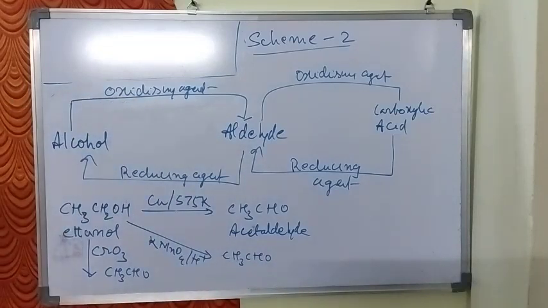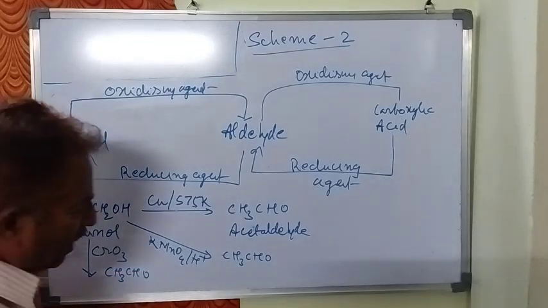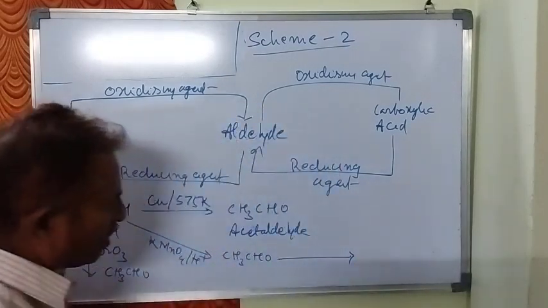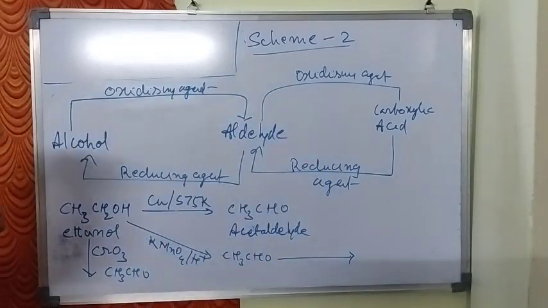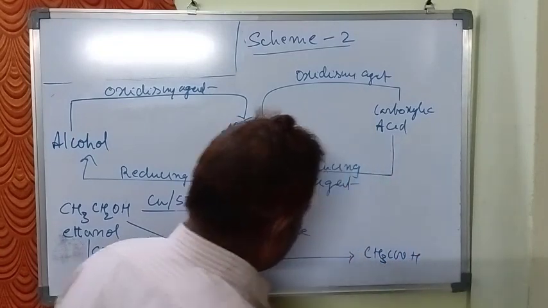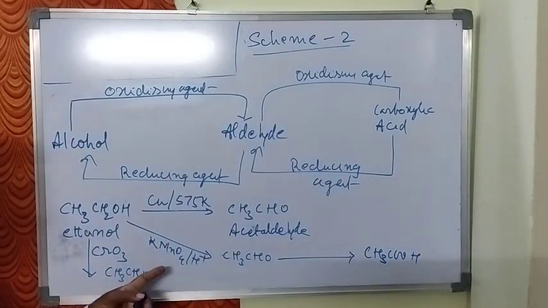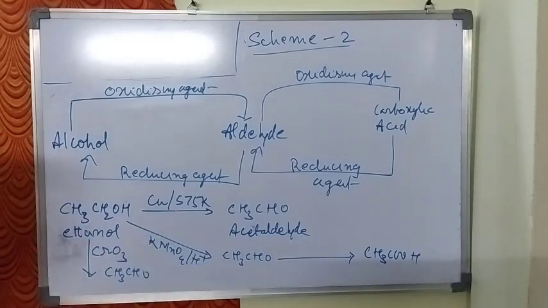Permanganate and dichromate, they are very strong oxidizing agents. Therefore, they do not stop the reaction at aldehyde stage. So, they further act. These strong oxidizing agents further act and directly what happens? Aldehyde changes to acid. Therefore, this is CH3COOH. So, you can keep your acidified permanganate, or even you can use dichromate also, or nitric acid also.